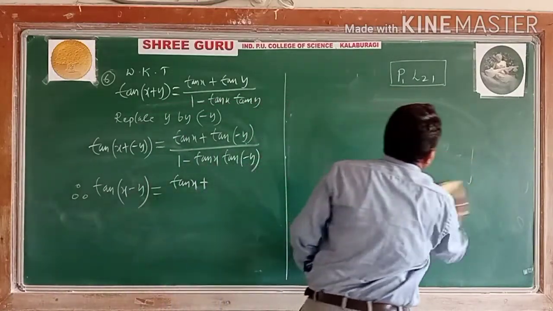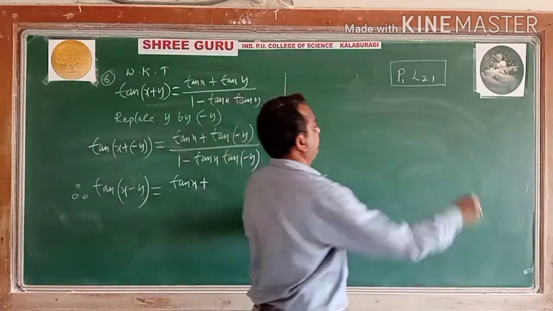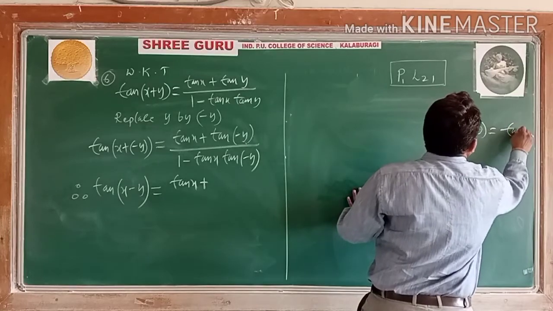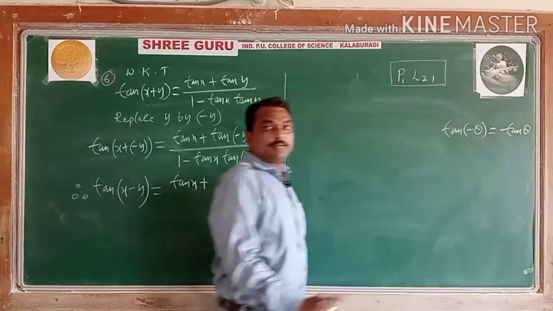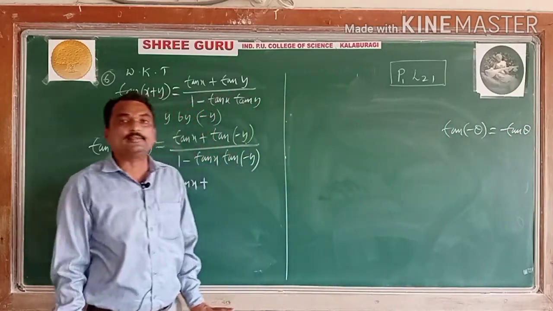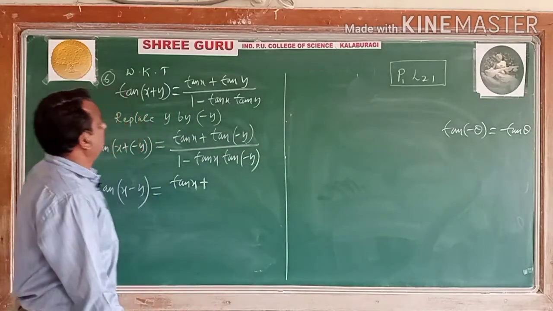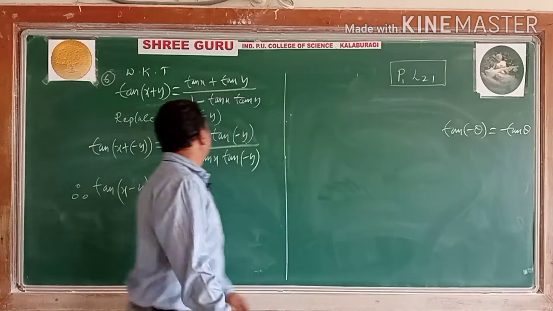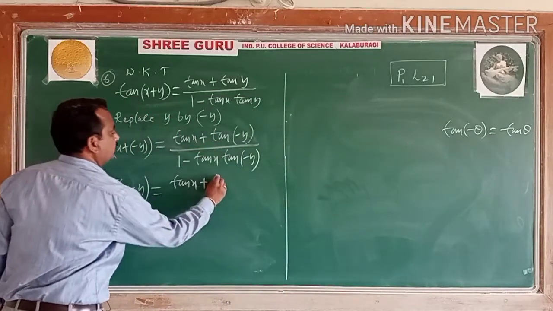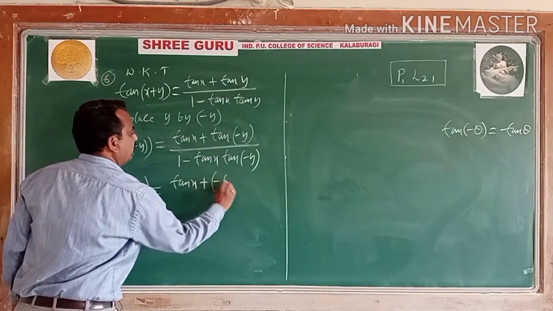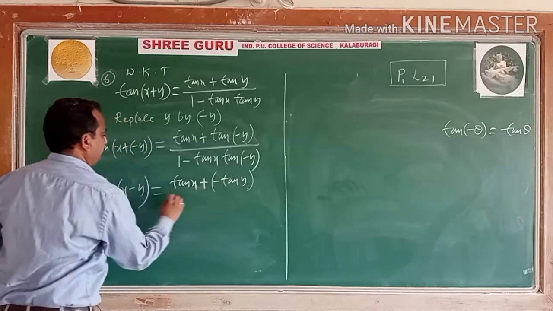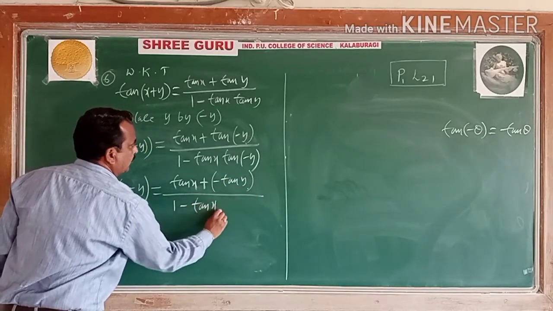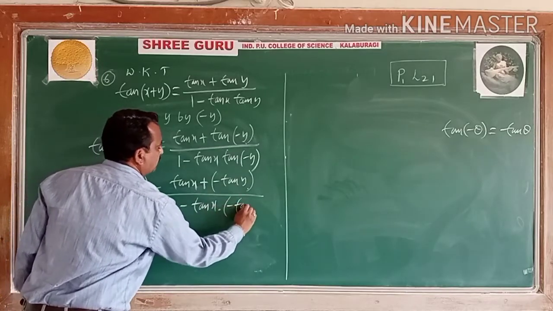Is it minus tan theta? Tan of minus theta is minus tan theta. Remember, students, I have repeated many times, except cos and sec, for the remaining all the sign comes outside. So it is minus tan y in the numerator, and minus tan y in the denominator as well.